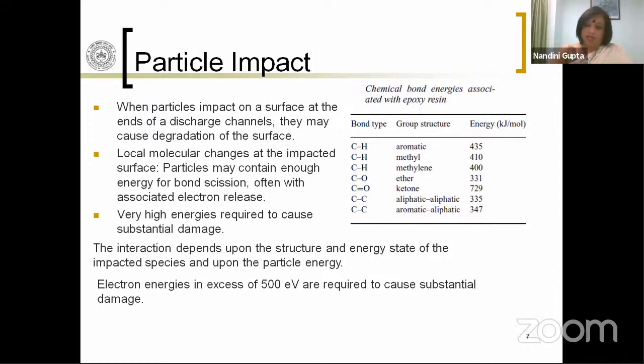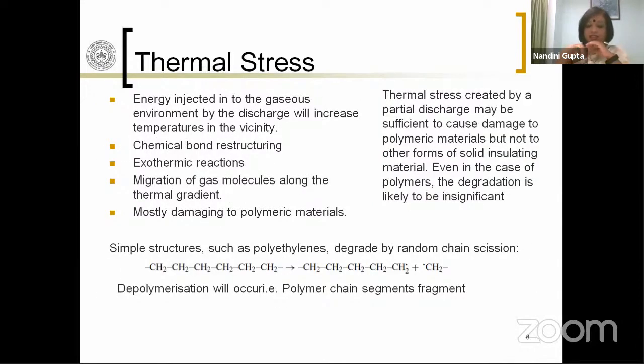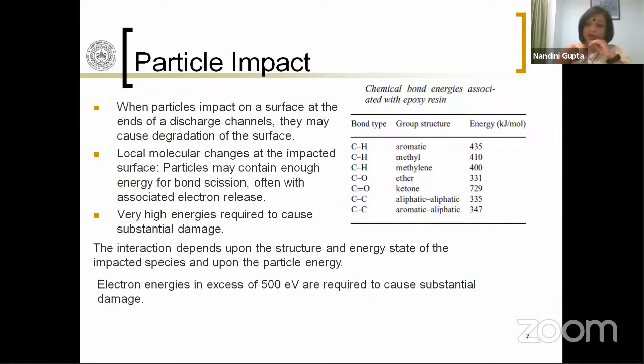In a discharge, you have charged particles. These ionized particles will be accelerated by the applied electric field from one end of the discharge to the other end of the discharge. As a result, these particles can acquire considerable energy. So when those particles impact on the dielectric surface at the ends of the discharge channels, there might be degradation.